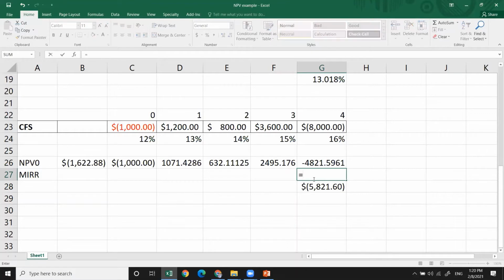And I should compound all inflows, bring them to year 4. 1,200 compounded to year 4 should pass 13, 14, 15. Actually, I don't need the 16% anyway. So 1,200 times 1.13 times 1.14 times 1.15.